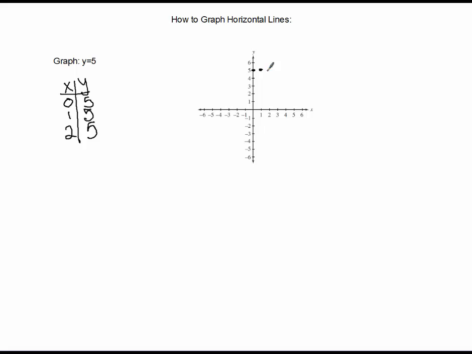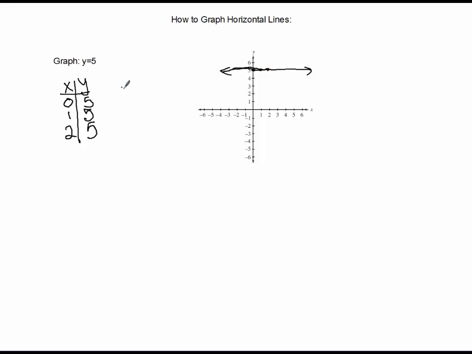So then 2 comma 5. And you can see my points are in line, and what I end up with is a horizontal line. And it's a horizontal line that passes through 5.